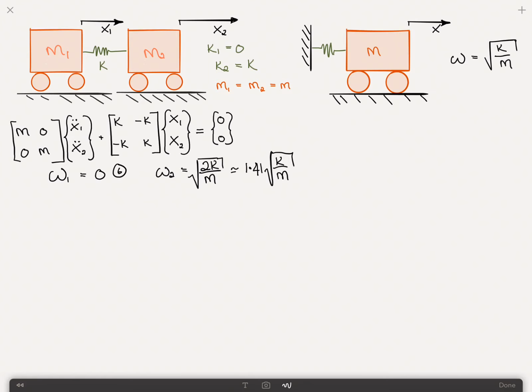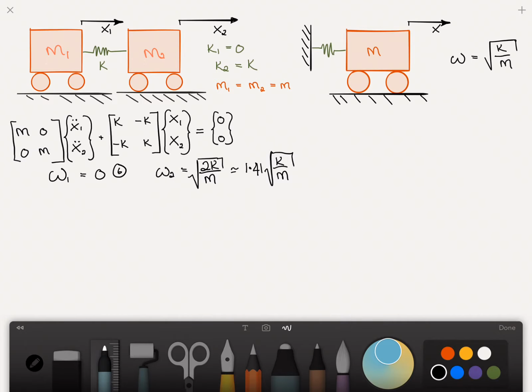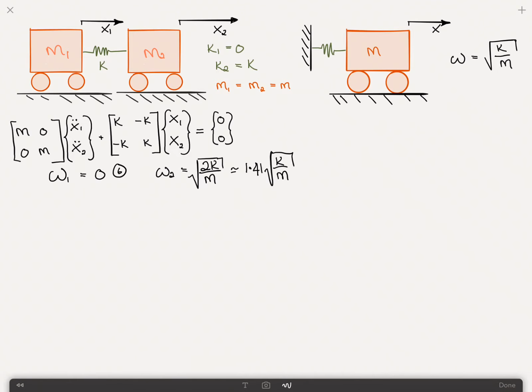Right, now let's have a look at the mode shapes. This is exactly as we did before. Mode shapes. And this is from equation 5. Just write that in here.